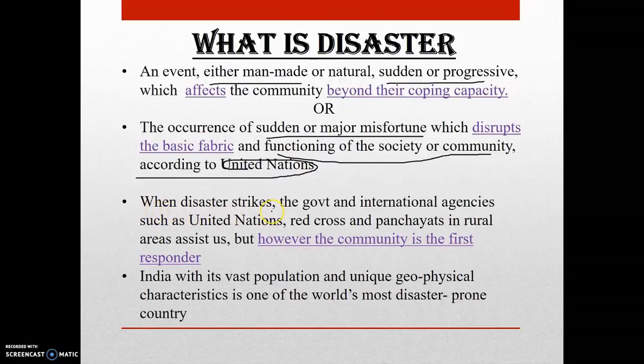When disaster strikes, the government and international agencies such as the United Nations, the Red Cross, and panchayats in rural areas assist us. However, the community is the first responder. India, with its vast population and unique geophysical characteristics, is one of the world's most disaster-prone countries.